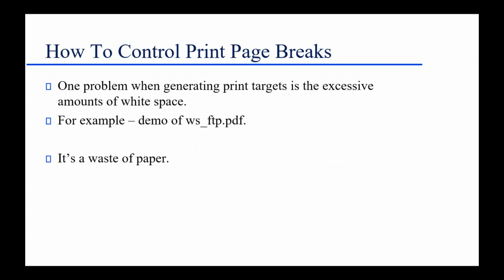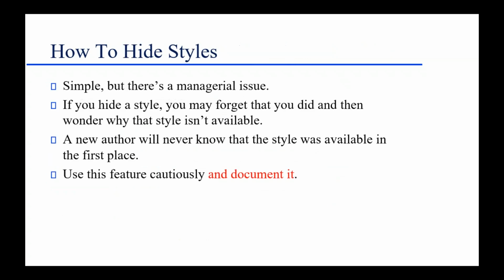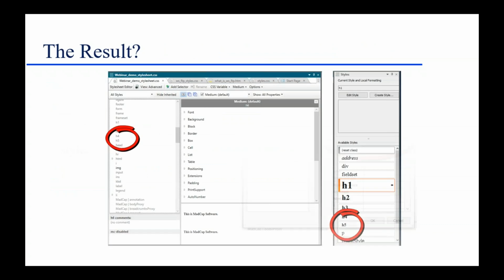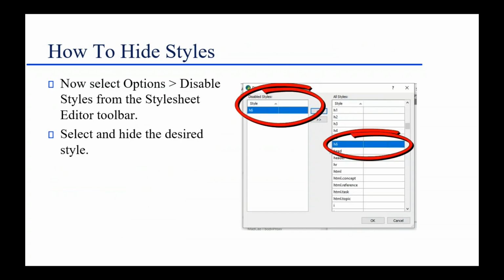In other words, what you want to do is go back to, bear with me, this screen. Whoops, no, hang on, this screen. So it's options, disable styles, and you'll get this screen, and what you'll see in the left column is a list of all your disabled styles. But again, somebody would have to know that they can do this.